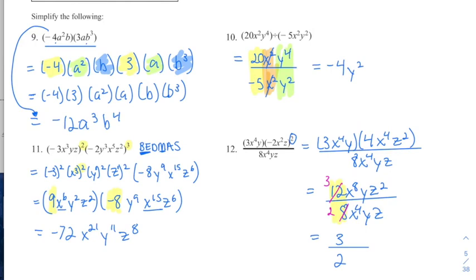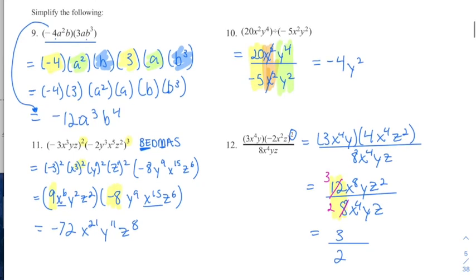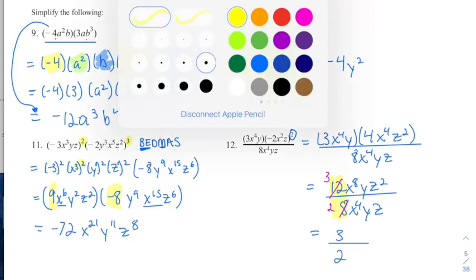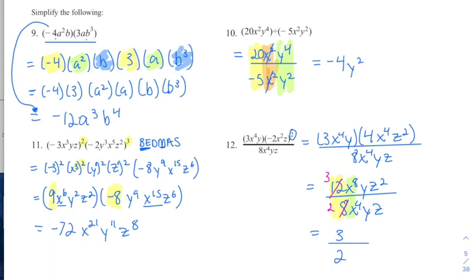Okay, so I know that when I look at x to the power of 8 divided by x to the power of 4, I'm going to subtract those exponents. So I get x to the power of 4. The y's actually cancel out, and we can see that z squared over z is left over on this part, and that gives me z to the power of 1.